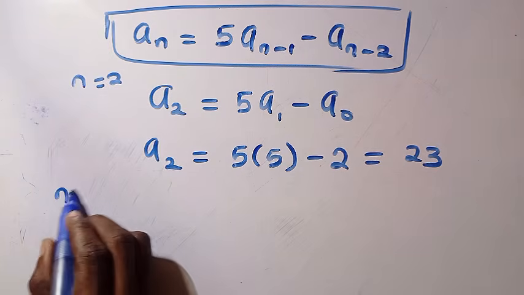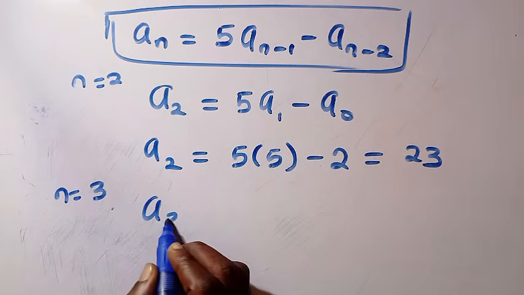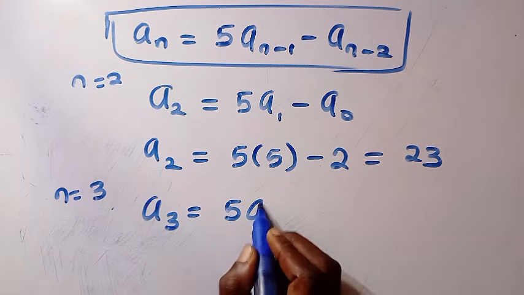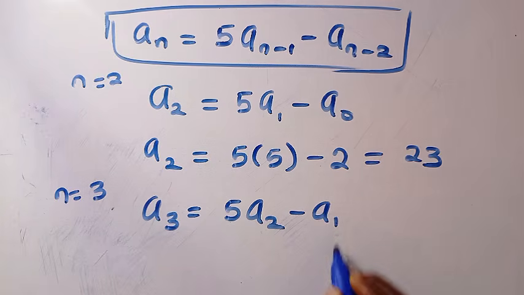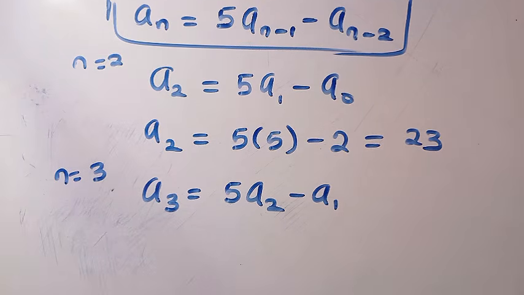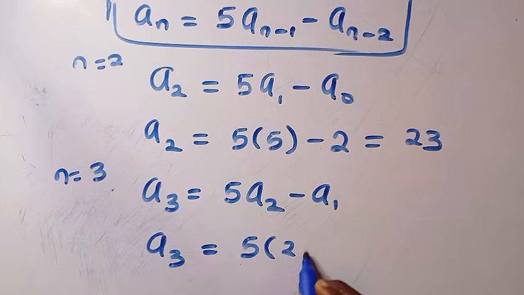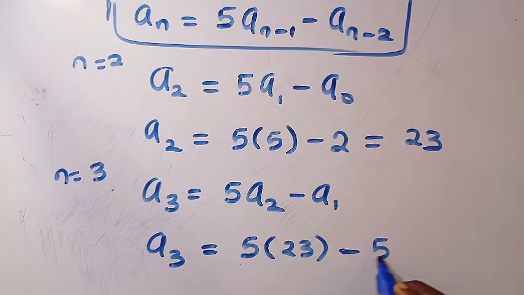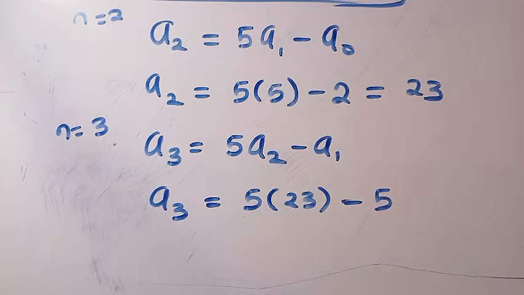For n equals 3, we have a3 equals 5 a2 minus a1. Given a2 to be 23, we have a3 equals 5 times 23 minus 5, and a3 equals 110.